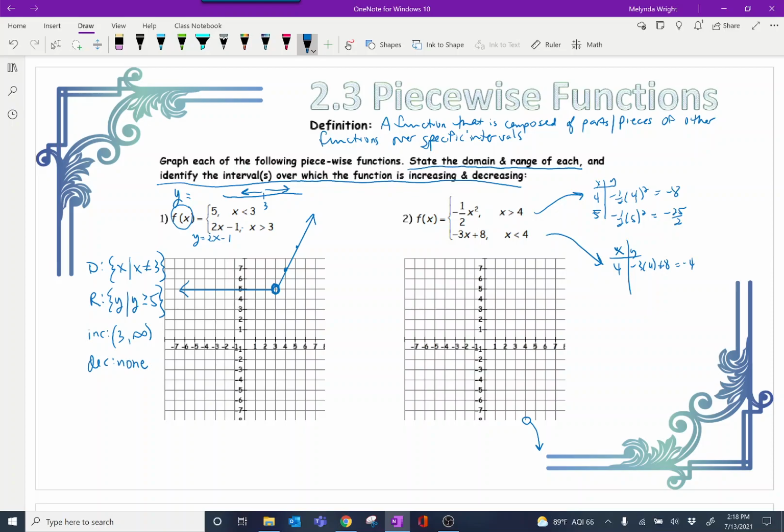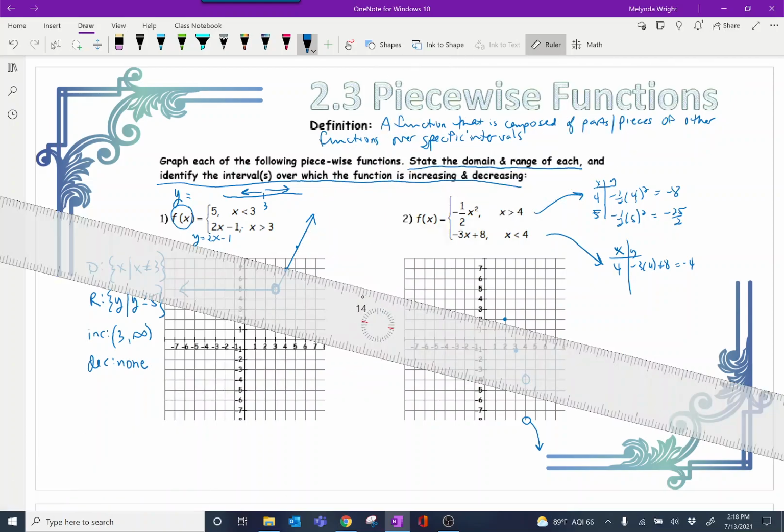So at 4, we would be at negative 4, and there'd be a circle again because it's not less than or equal to, it's just less than. And since it's a line, I like graphing lines. They're easy, right? We're just going to do the slope. Rise 3, run 1, rise 3, run 1. And so let's graph that little guy.